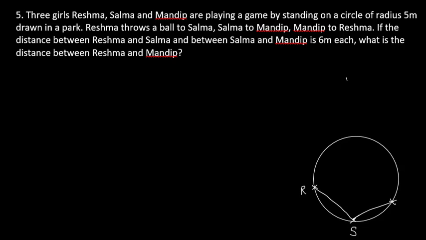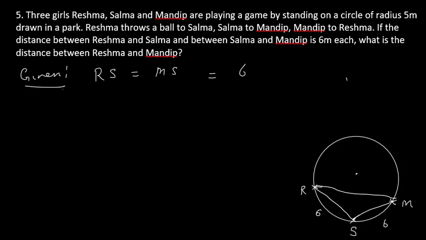Now they are sitting at a distance of 6 meter. So this is 6 meter, this is 6 meter. Here somewhere there is a center, and the distance between Reshma and Mandeep we have to work out. What is distance RM? So here given, as I have drawn this diagram, RS is equal to MS is equal to 6 meter.